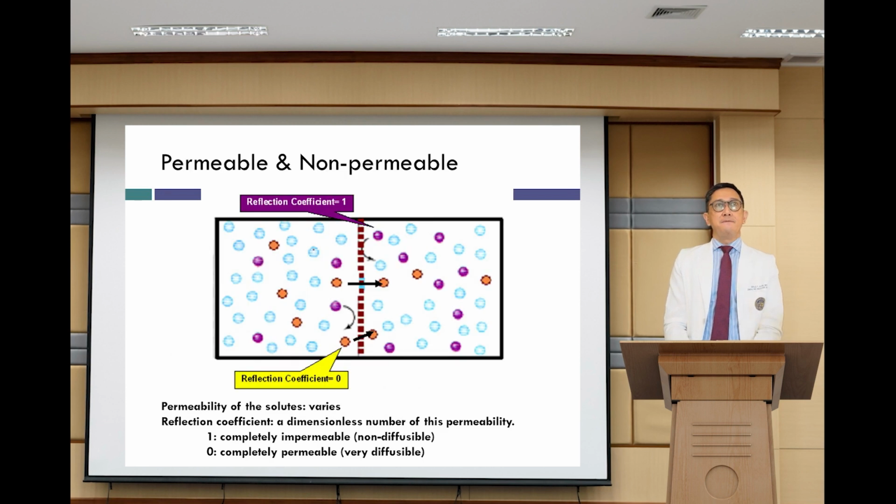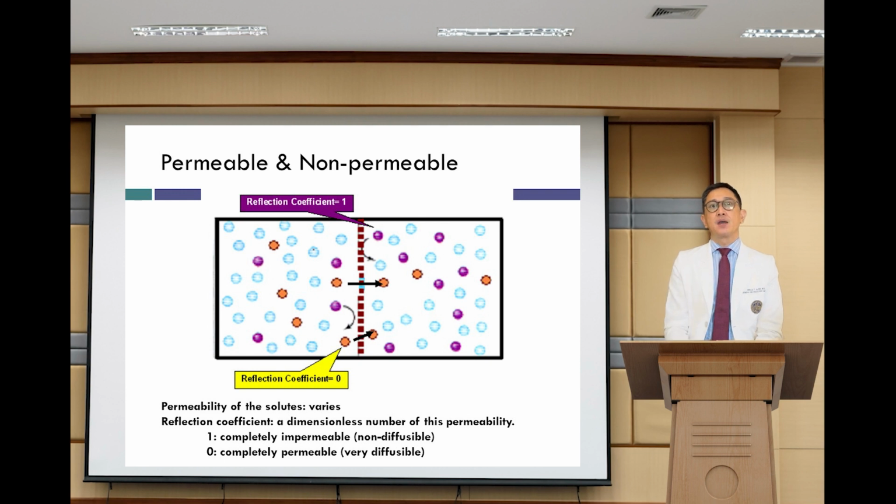So I mentioned a while ago about permeable and non-permeable. Permeable is also synonymous with penetrating, and non-permeable is synonymous with non-penetrating. So we've mentioned permeability of the solutes, okay, or reflection coefficient is a dimensionless number of this permeability. So if we label it as 1, it means it's completely impermeable, 0 completely permeable.